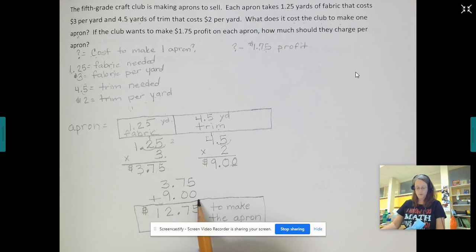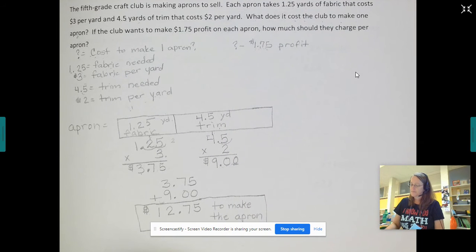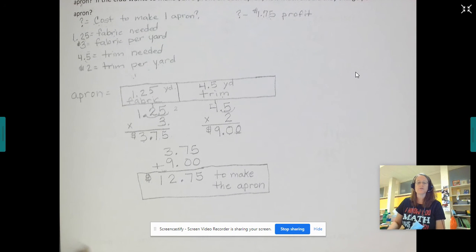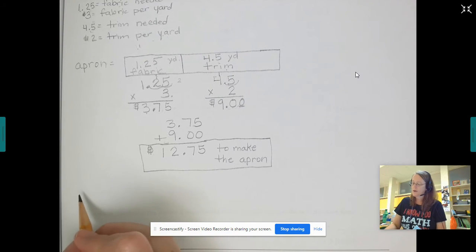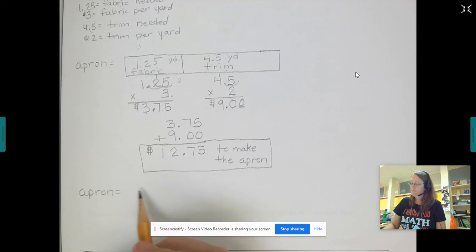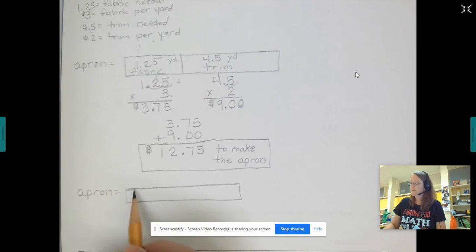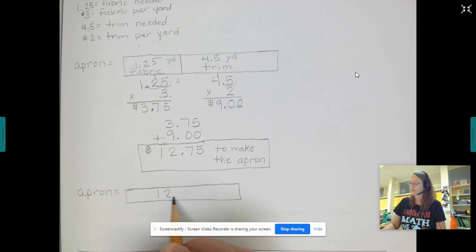Then they want to know, take a look down here. I'm going to answer the second question. Here's our apron, our tape diagram. It costs us $12.75 to make one apron.